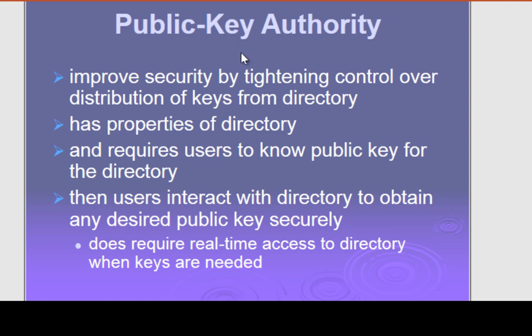The private key is kept private with the authority, and the public key is available to all the people. You have to assume that every participant knows the public key of the authority. The user interacts with the directory to obtain any desired public key securely. So every user has to interact with the directory to get any public key. He cannot take it directly; he has to interact with the public key authority.